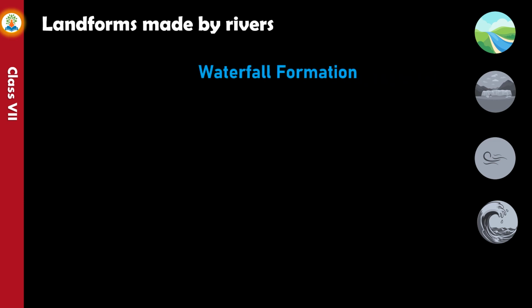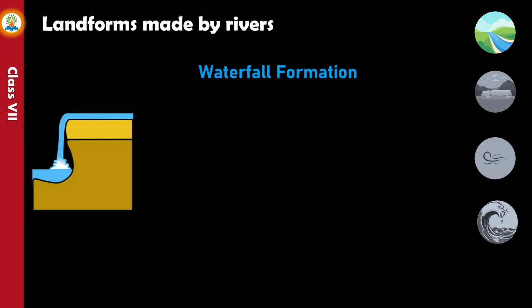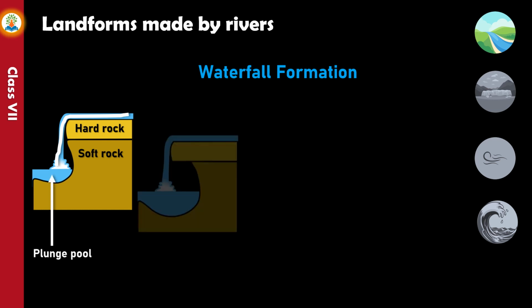Waterfall formation. Waterfalls typically form in the upper stages of the river. They occur where a band of hard rock overlays a softer rock. Falling water and rock particles erode the soft rock below the waterfall, creating a plunge pool.